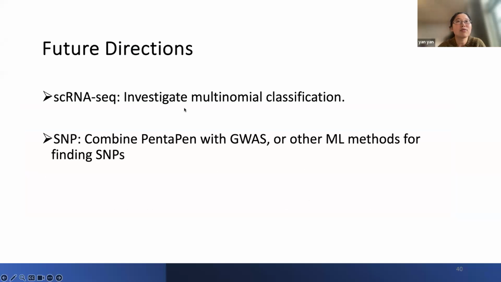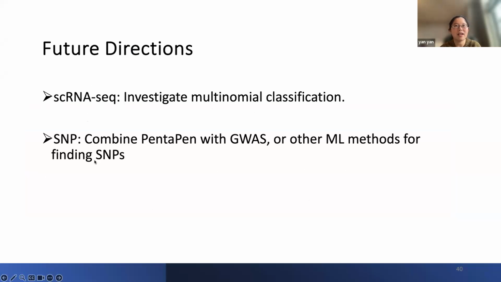And to further study those two different topics, we could investigate multinomial classification on single cell RNA-seq. For the current experiment, we only deal with the binary case, where there are two classes, but in reality, we often deal with multiple classes.